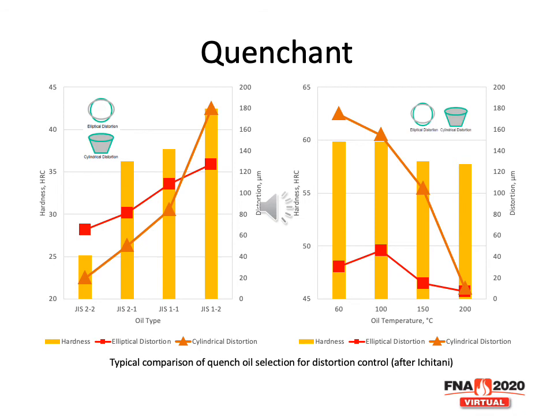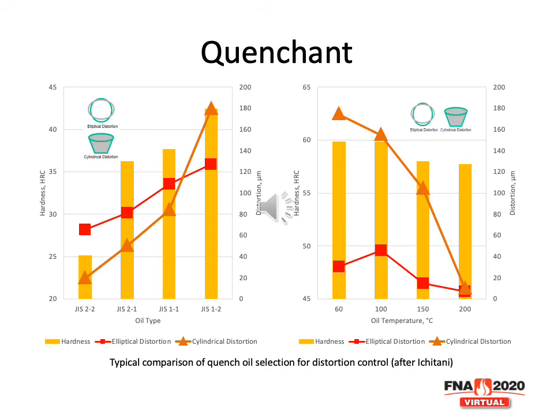The oil temperature for these different operations showed drastic improvements as I increased the oil temperature. As I go from 60 degrees C, or roughly 140 degrees Fahrenheit, to 200 degrees C, or about 350 degrees Fahrenheit, the cylindrical distortion decreased dramatically, and the elliptical distortion also decreased dramatically.